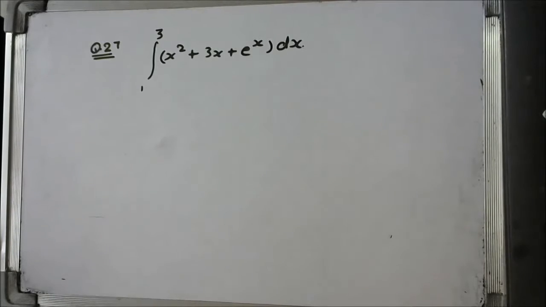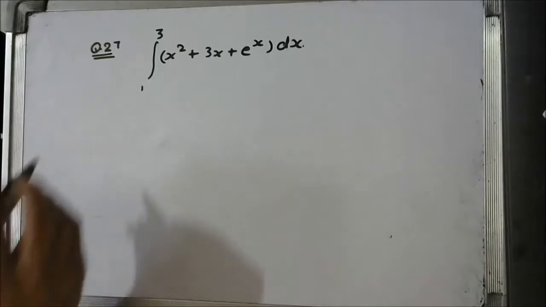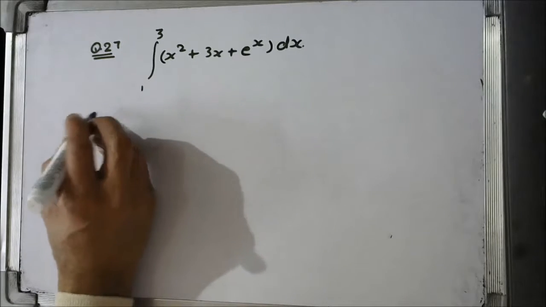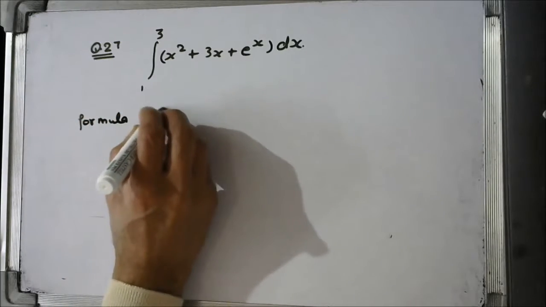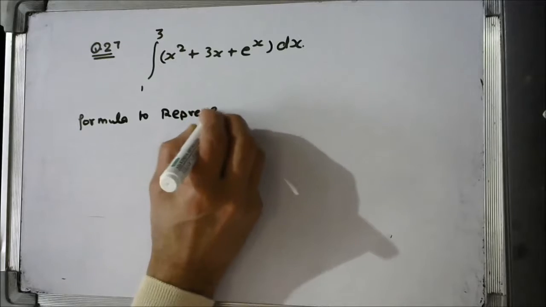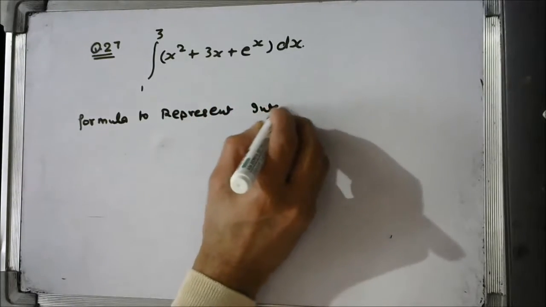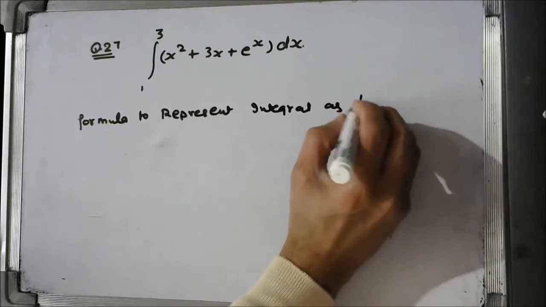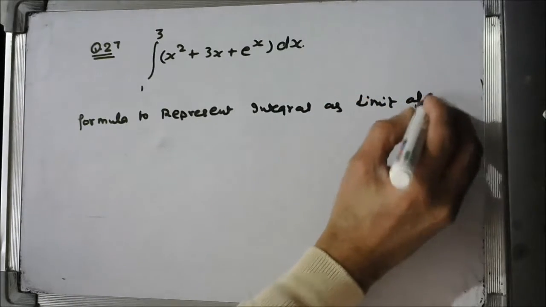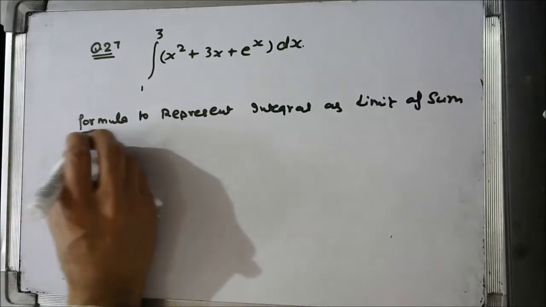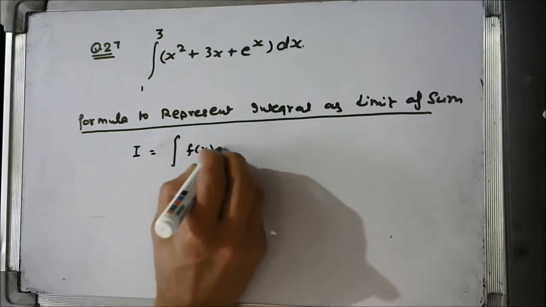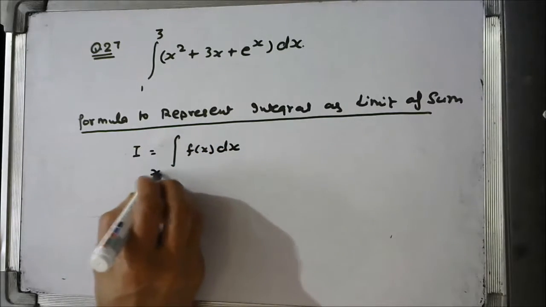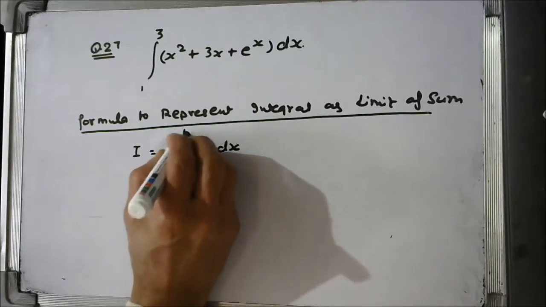Now, to express an integral as the limit of the sum, we use the following formula. Suppose I have to evaluate the integral of f(x) with respect to x as x changes from a to b.